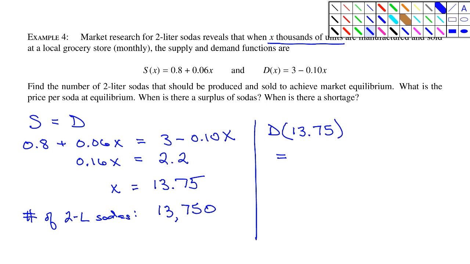And that is $1.625. So it's about $1.63. And we'll just leave it like that. That's fine. So that's the equilibrium price for 2-liter sodas.